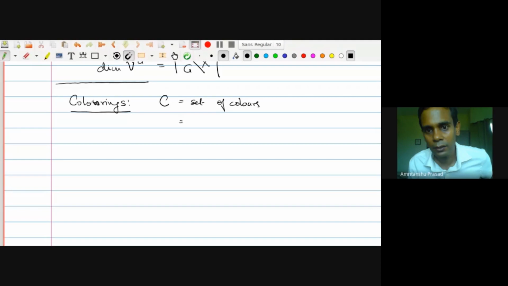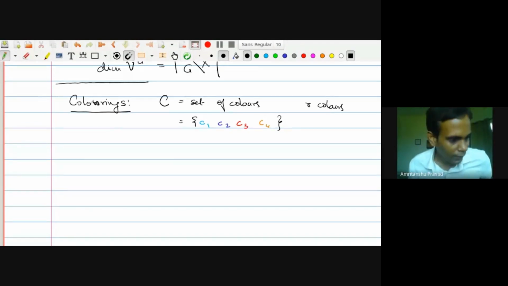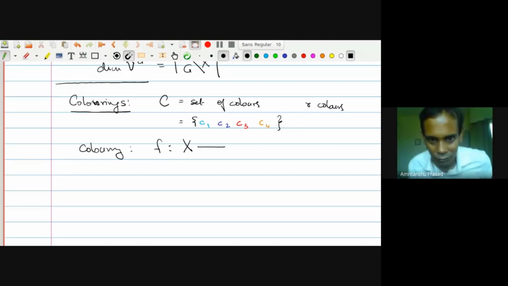I could have maybe many colors, C1, C2, C3, C4, and so on. Maybe r colors in total. Here I have r equals 4, and a coloring of X is a function f from X to C.